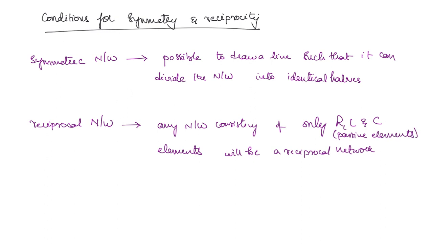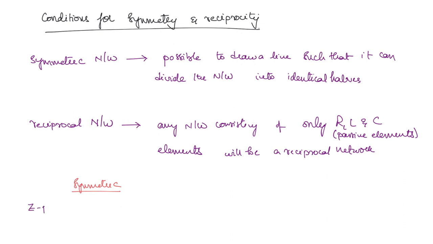Now what is the condition on the Z parameters and Y parameters? That means, using the Z parameters and Y parameters, can we decide whether a particular two-port network is symmetrical or reciprocal? The symmetric condition is simply that the driving point impedances should be the same.